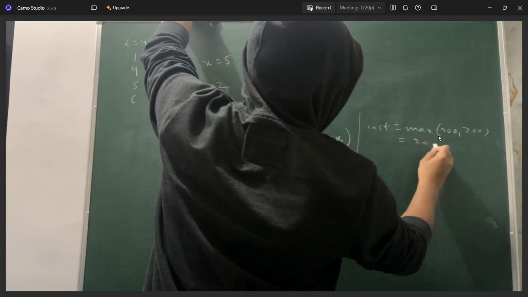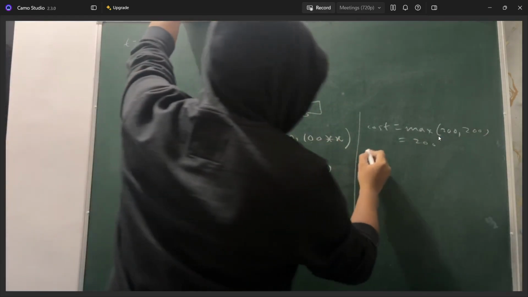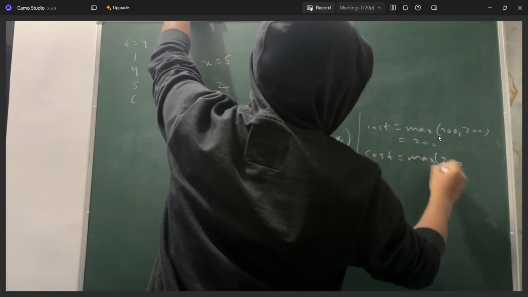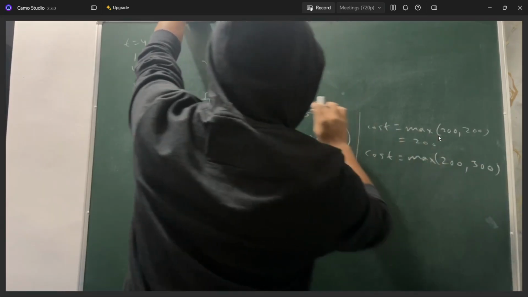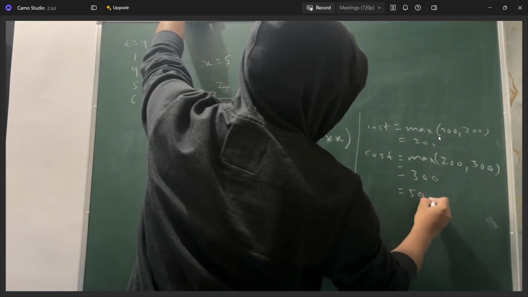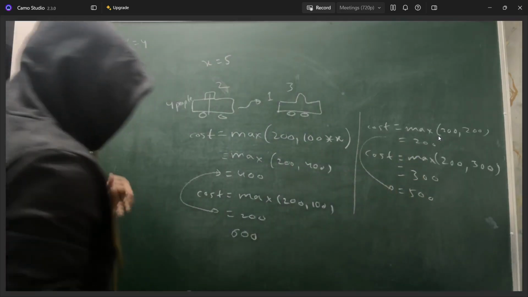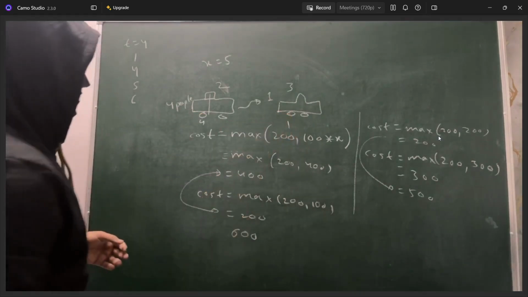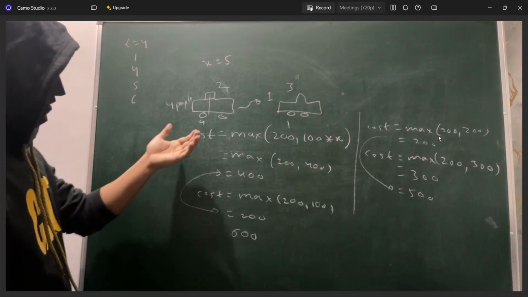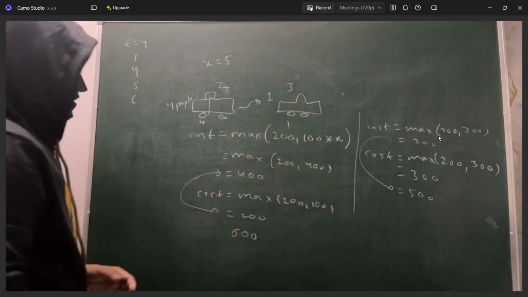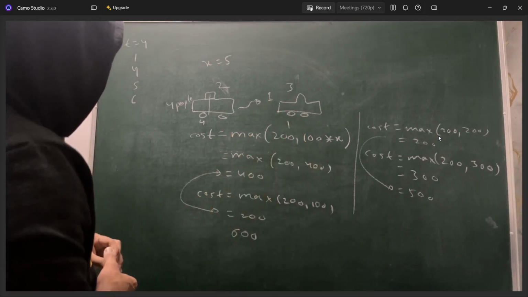The cost of this car would be the maximum of 200 and 300, because three people are sitting here, which is 300, and you get a total cost of 500. So if you make 4 people sit here and 1 person sit here, your answer is 600. But if you make 2 people sit here and 3 people here, then your answer is 500, which is optimal.